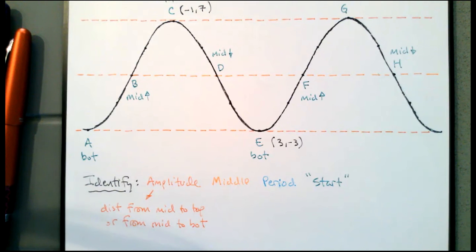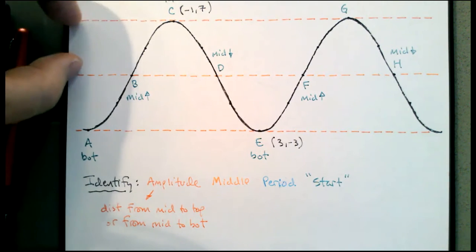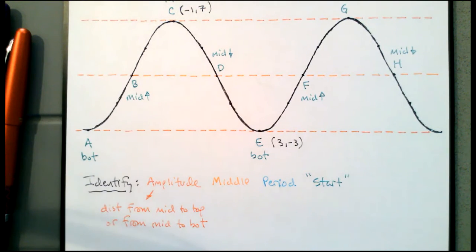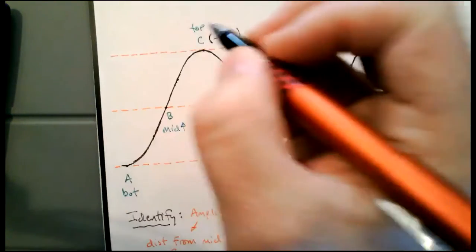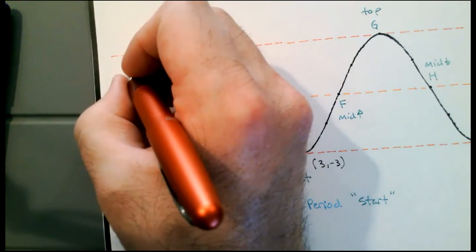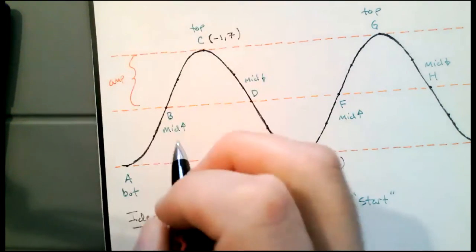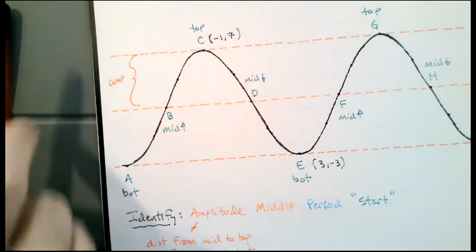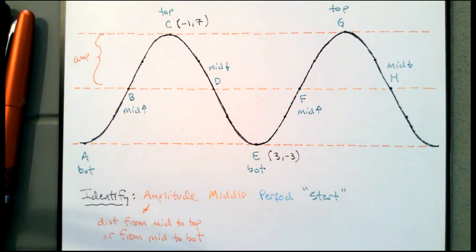Notice that the top has a y value of 7 and the bottom has a y value of -3. When we're looking for the amplitude, we're looking for vertical distances. So wherever we have the middle, the amplitude is the distance from the middle to the top, or from the middle to the bottom, they're the same.